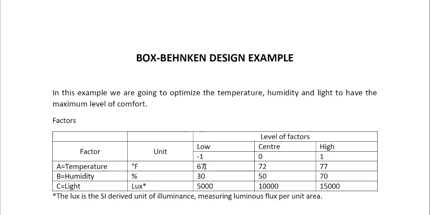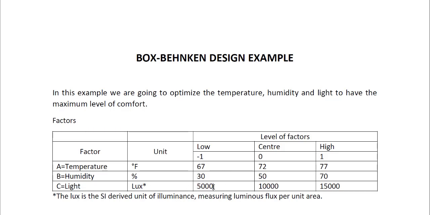The lower value for factor A or temperature is 67 degrees Celsius. For humidity it is 30 percent, and the light, whose intensity we measure by a unit called lux, which is an SI unit, and what you need to know here is that it is just a unit which shows the light intensity actually.